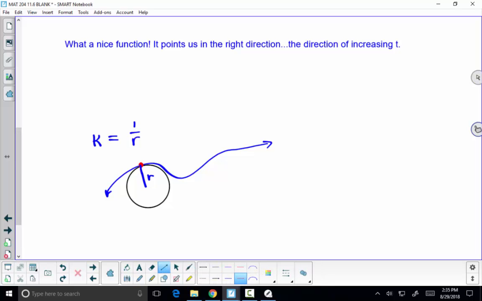Depending on the orientation of the curve, if the orientation is to the right here, we're just imagining these unit tangent vectors all along the curve, and they're always going to be pointing in the direction of the orientation for the curve.